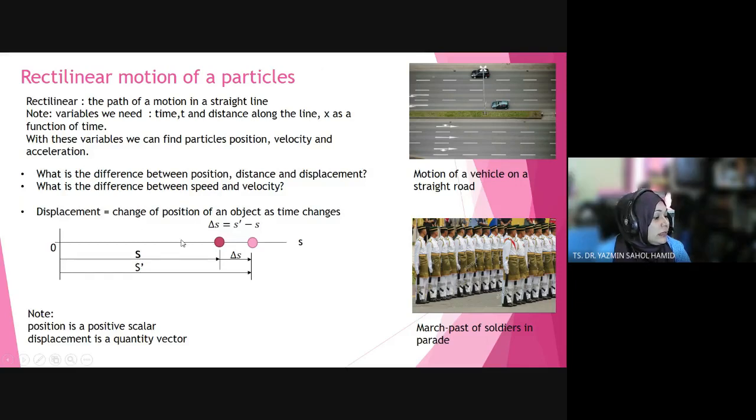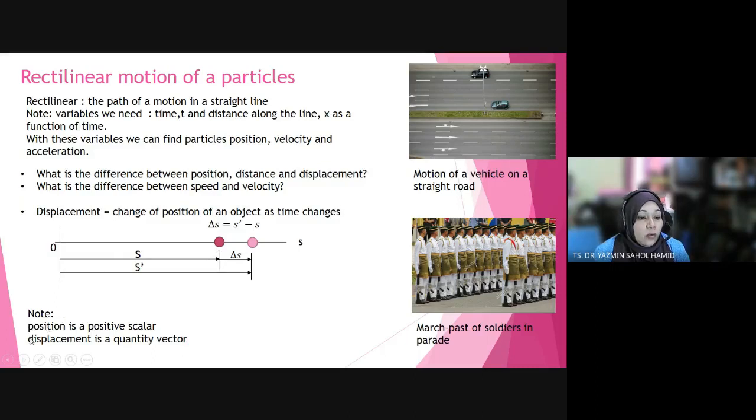On the screen here, the ball changes position, as you can see, from the dark pink into the light pink. So the change in position is what we call S prime minus S, with reference to point 0 here. That is what we call displacement, delta S, the change in position.